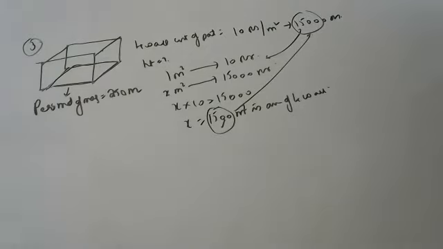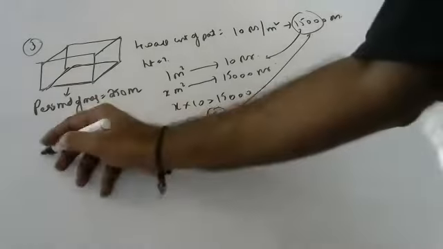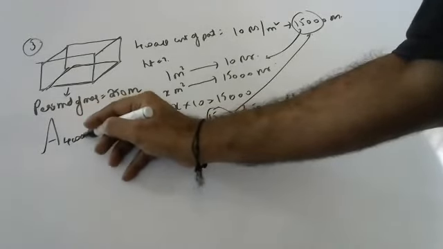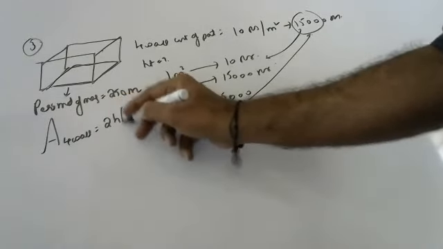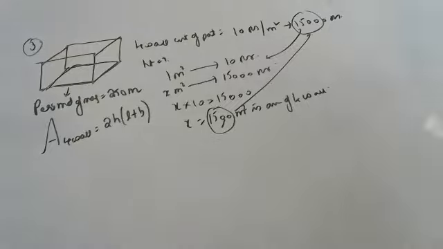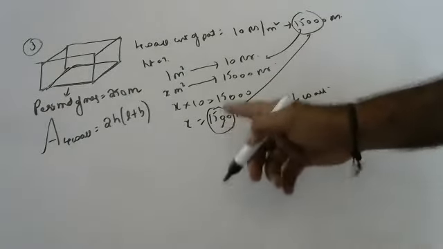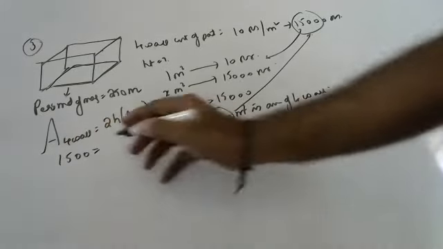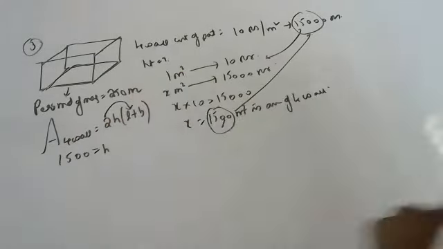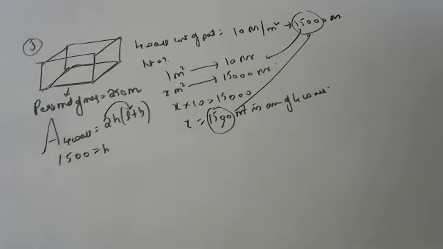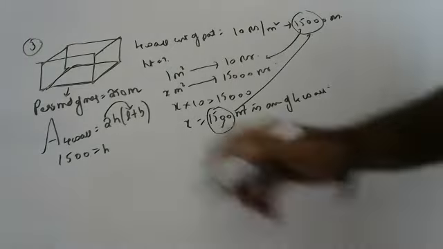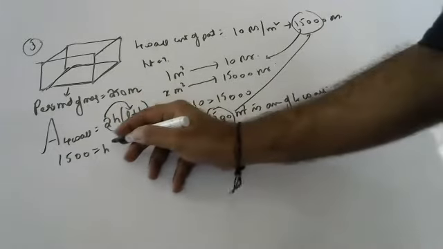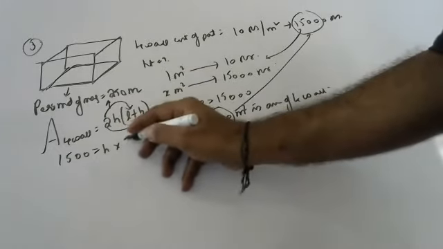Now the question is, what is the height? Can anyone say the area of four walls formula? Area of four walls is 2h into L plus B. We got the area of four walls as 1500. 2 into L plus B is the perimeter of the rectangle, and he gave it as 250.